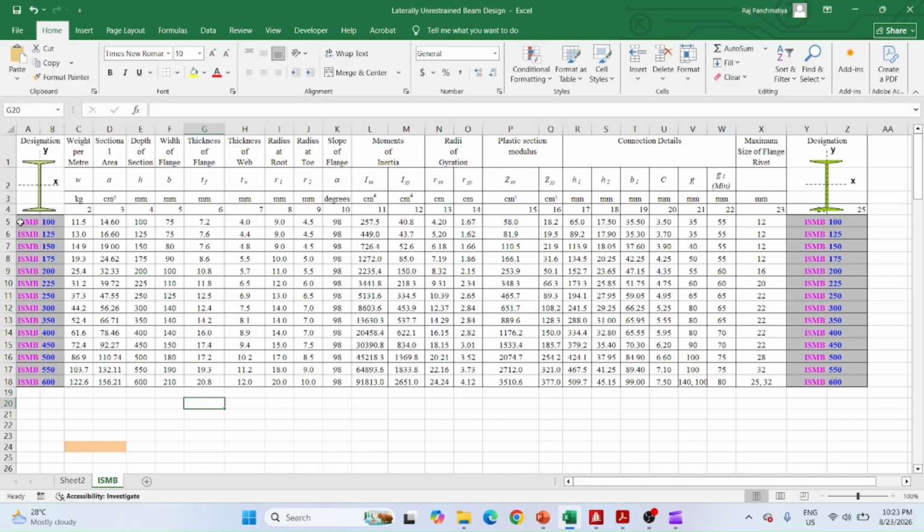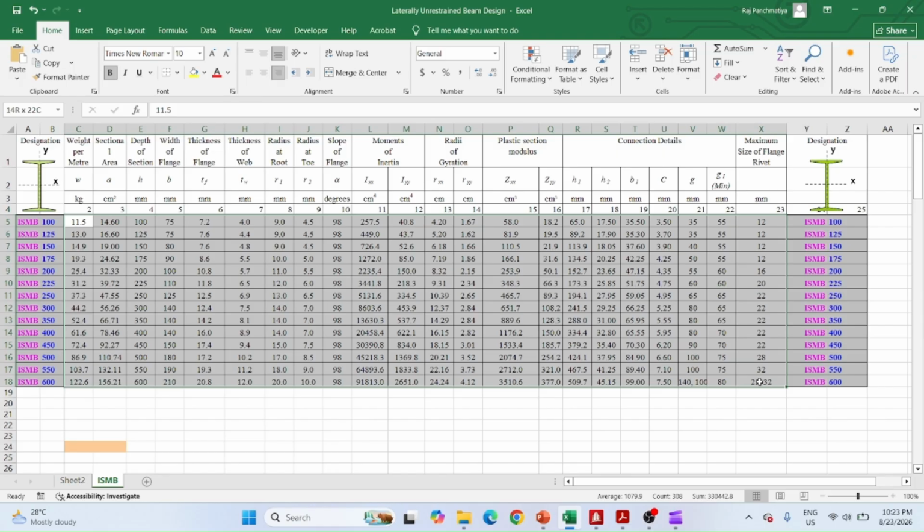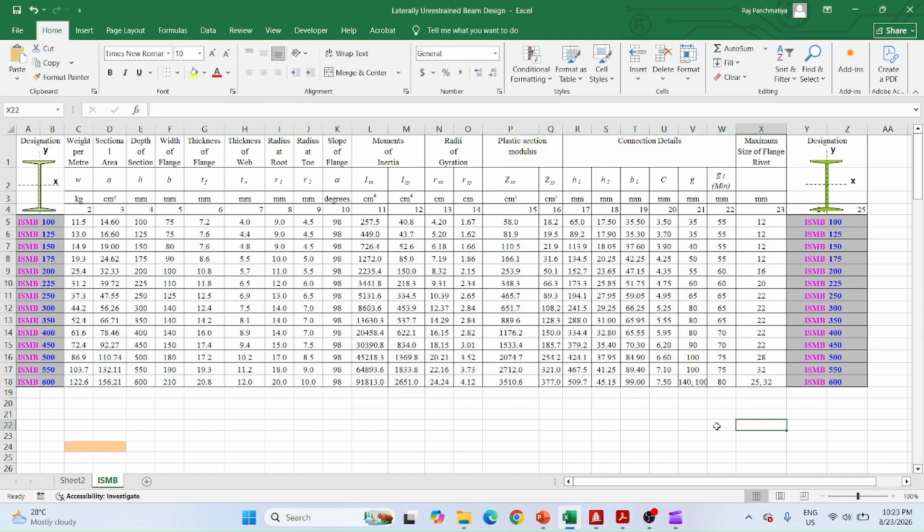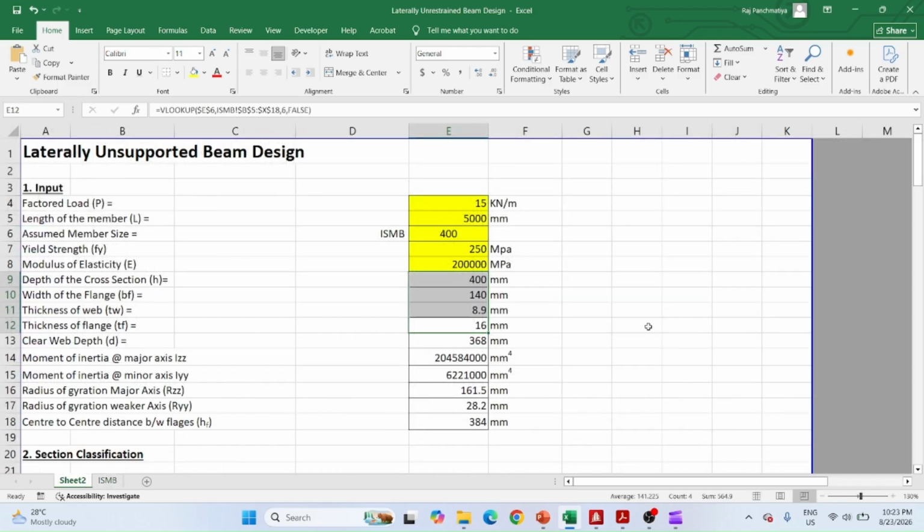I have listed all the ISMB sections from ISMB 100 to ISMB 600, and I have added all the properties of the ISMB sections as per the steel table. I will attach the link of this Excel sheet in the description below. You can download this sheet completely for free.